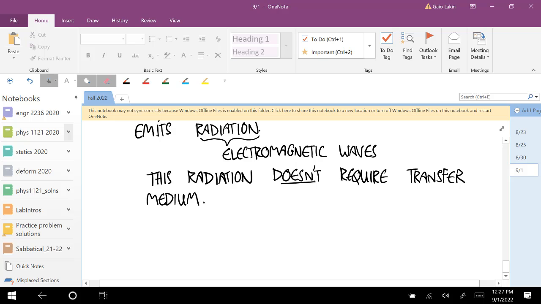Heat is emitted from a material according to the Stefan-Boltzmann law.